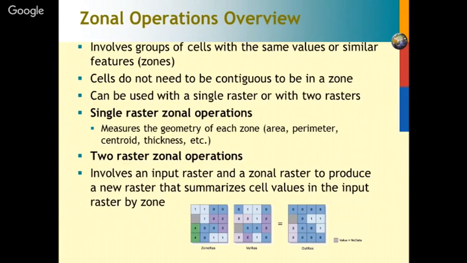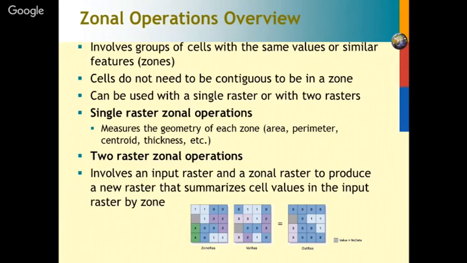In the zonal operations, each of the cells need not have contiguity or be in a continuation. In focal operations, we are talking about the neighborhood. It means that on any grid, the neighbors have to exist around that particular grid.